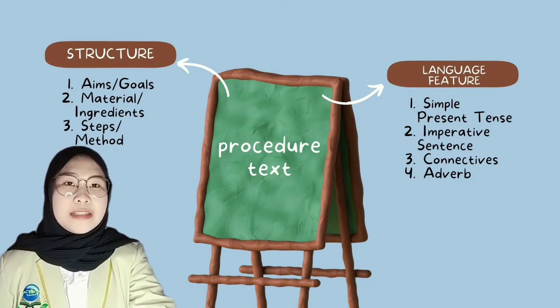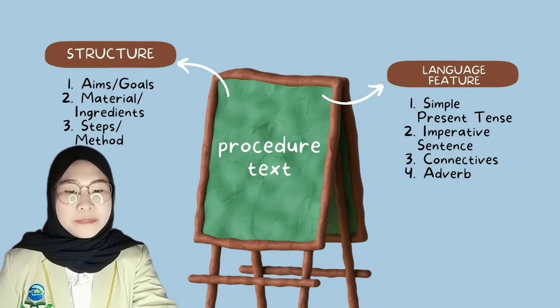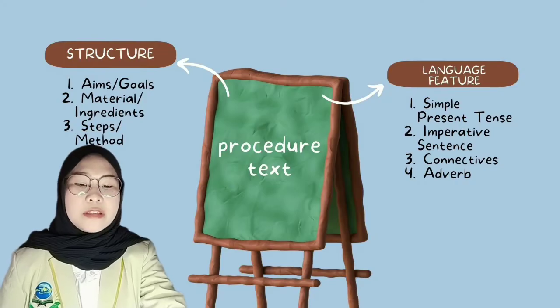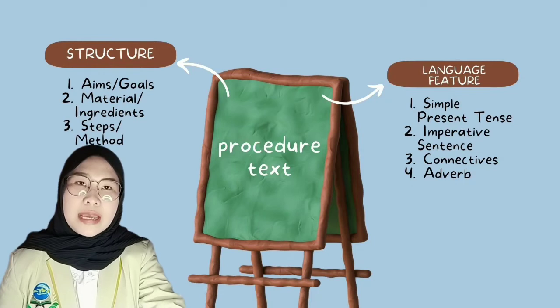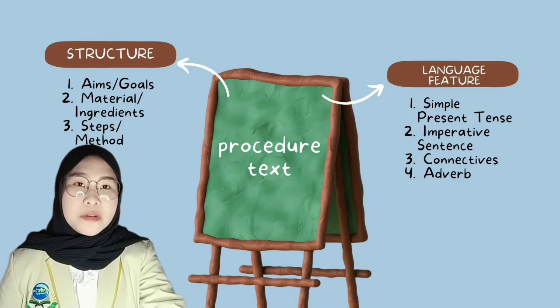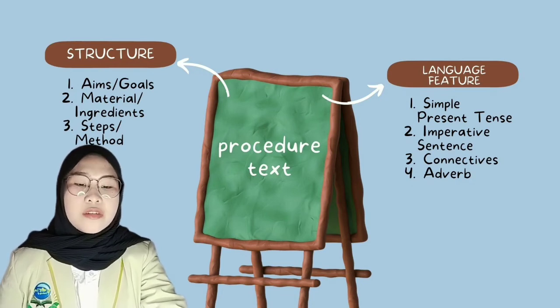The last is adverbs. Adverbs are used to give, for example, an adverb of time. There are 2 types of adverbs used in procedure text, namely adverb of time, which indicates how long we have to do something. Example: fry the banana in 10 minutes. Fry the banana in 1 hour. And then adverb of manner, or a description of how to do something.